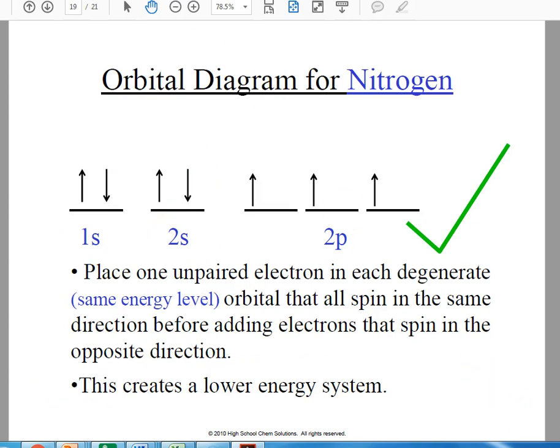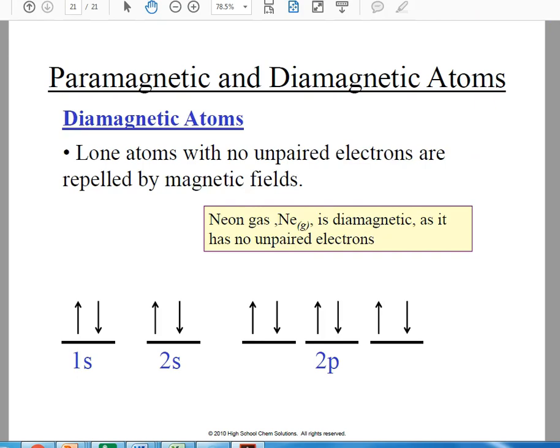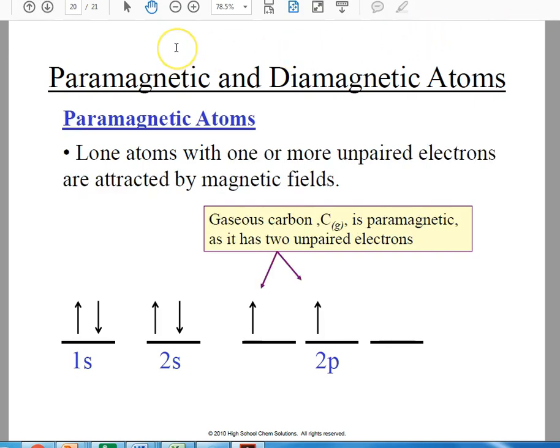All right, last little piece of vocabulary here is para and diamagnetic. So let's talk about what that means. Paramagnetic atoms are atoms that will be attracted to magnetic fields. Now think about it.